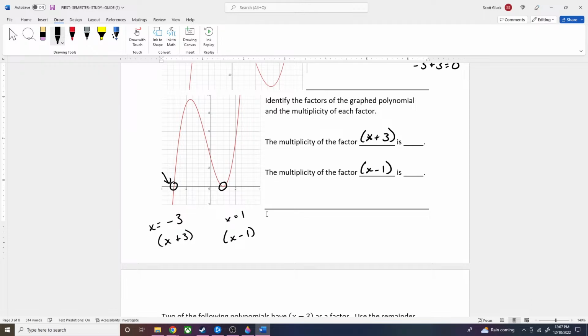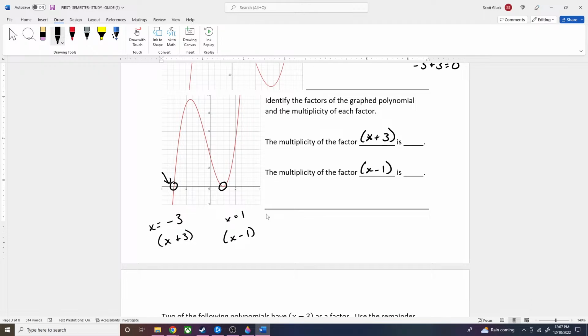Now here's where multiplicity comes into play. Multiplicity tells us how many times a particular factor would appear in the factor form of that polynomial. So if we were to write out the full factor form of this polynomial, it would contain these 2 factors, but there would be a different number of iterations of those 2 factors. Okay?